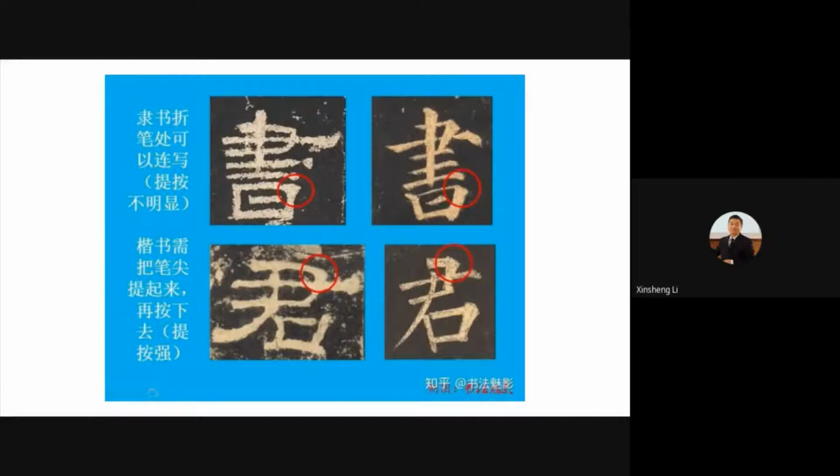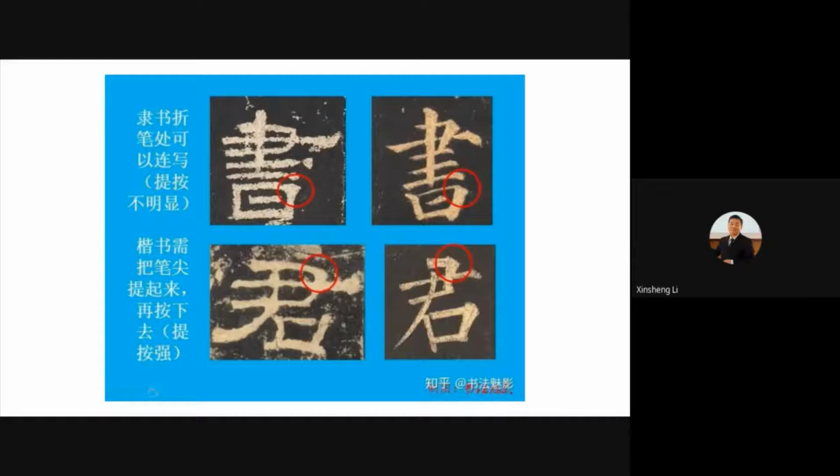From the brush use in clerical style, the most important brush technique is using a center tip stroke. We already practiced this style, and we have already experienced it.